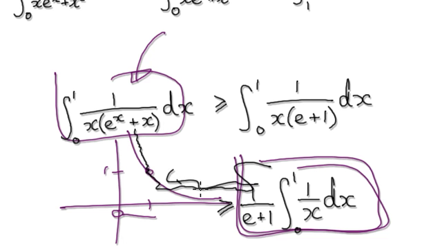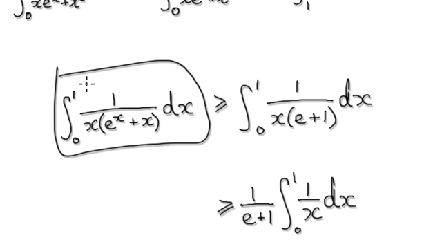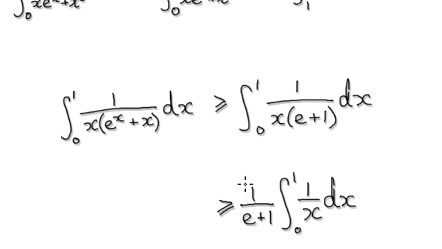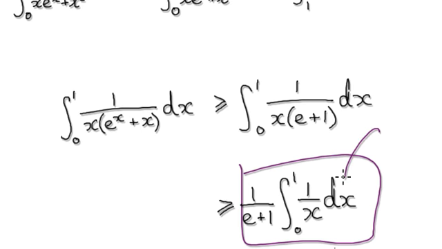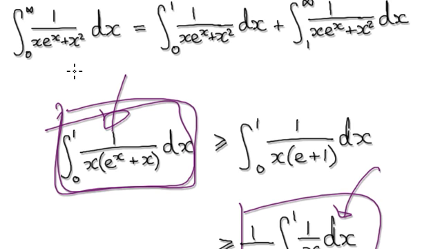I don't care what happens over here. But this thing is bigger than this thing. The smaller thing diverges, so the big thing will have no choice but to also diverge. This is bigger or equal to it, so it will have no choice but to diverge.